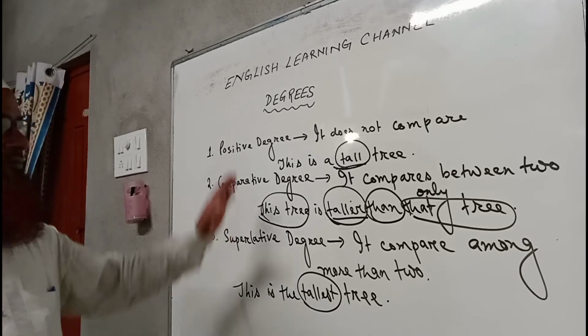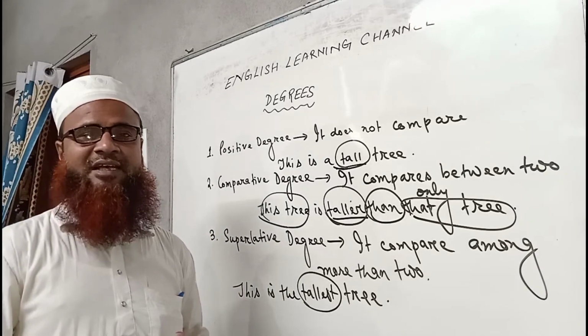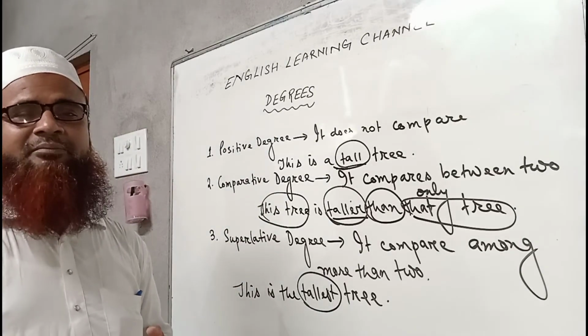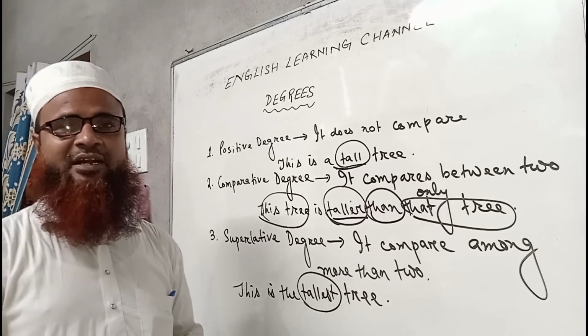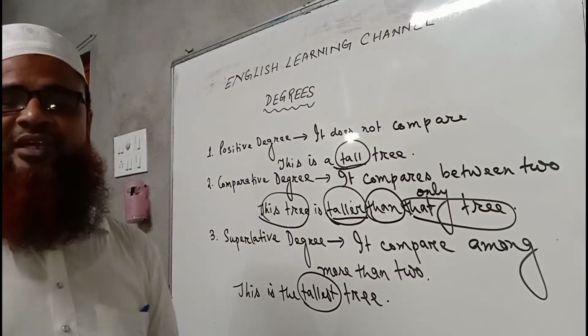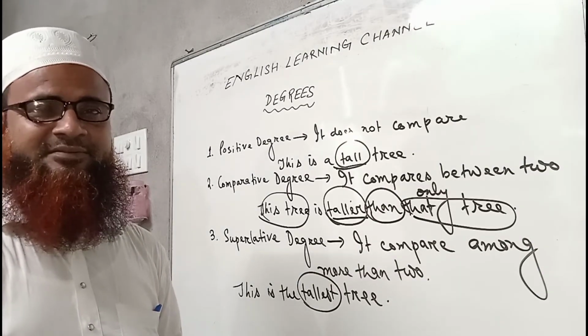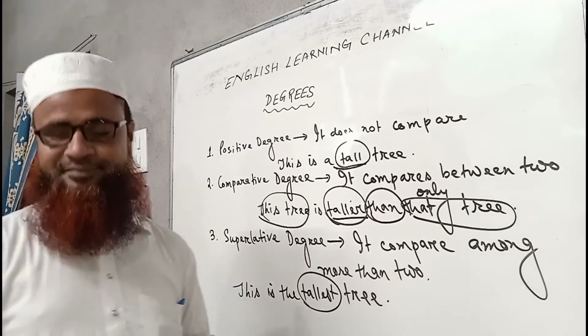Now we will discuss this topic of degrees of comparison by mentioning many examples, so that our conception regarding the comparison of degrees becomes vivid and clear, because this is a very important chapter of English grammar.